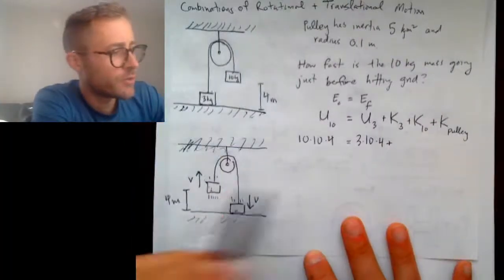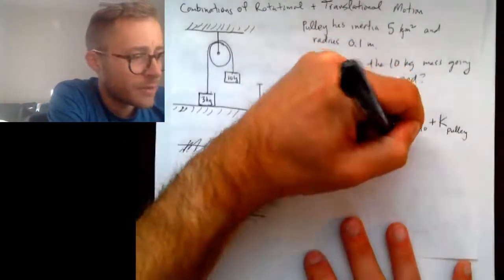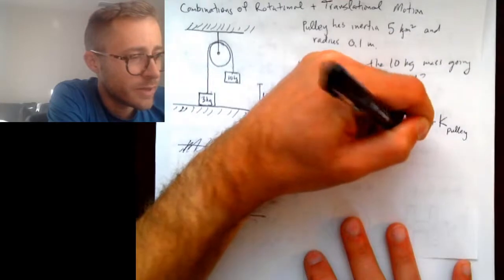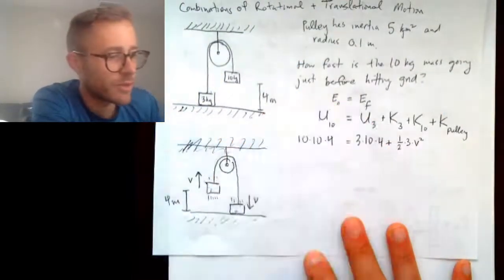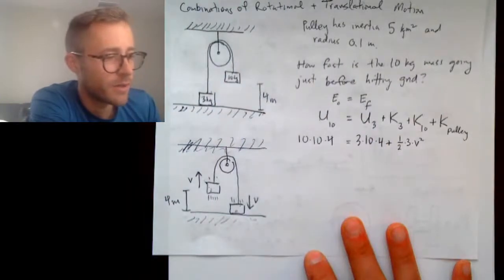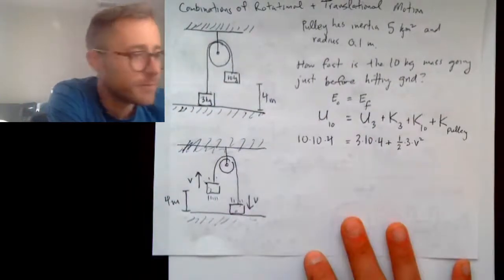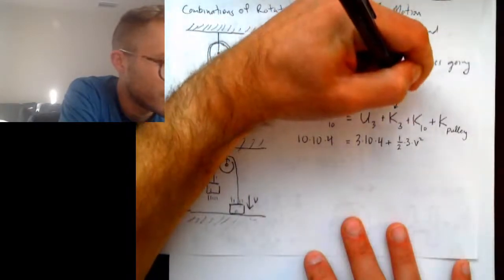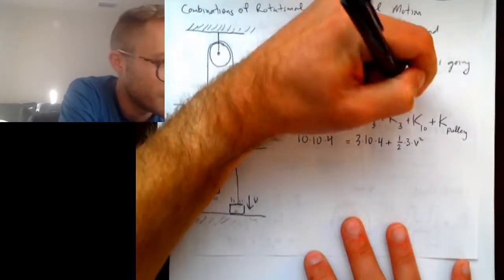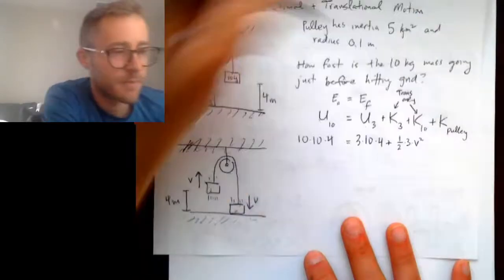So we have plus 1/2 times 3 times v squared. So that's the kinetic energy of the 3 kilogram object. Translational only. Let me write that in. Translational only for both of these.